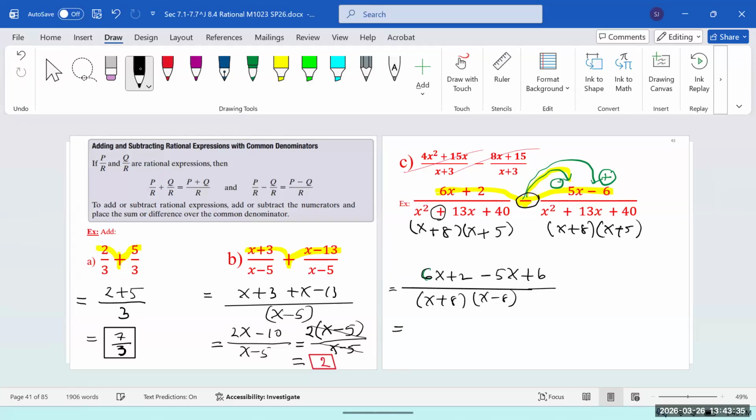And then what? x plus 8, right? So do we stop now? So what is left? Where, on the numerator or on the denominator?